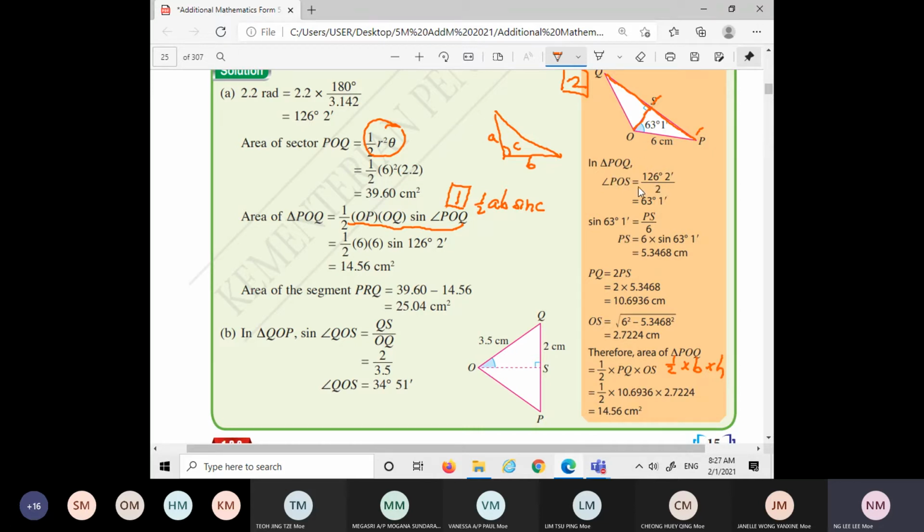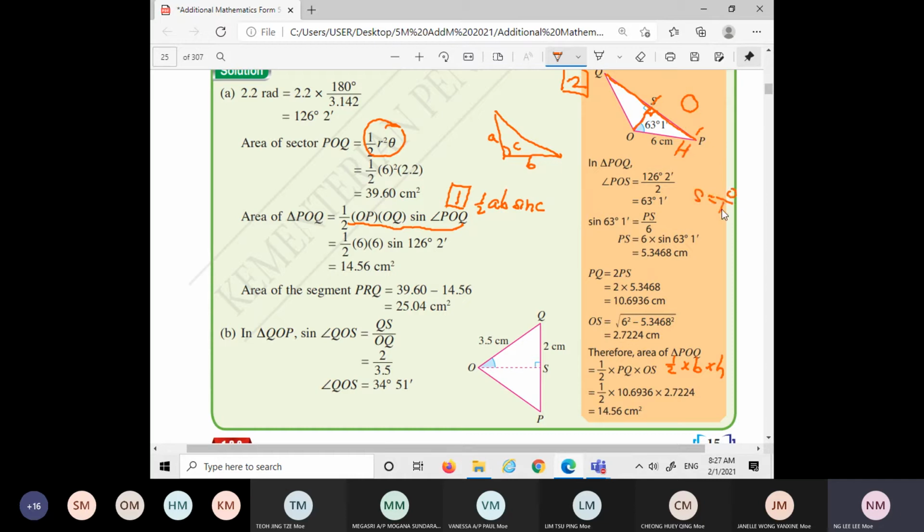The 126 divided into half, so you have 63 degrees 1 minute. Then we use trigo. Here is a right angle, so you have a right angle triangle. You use sine. Why use sine? Because this is opposite, and then this is hypotenuse.